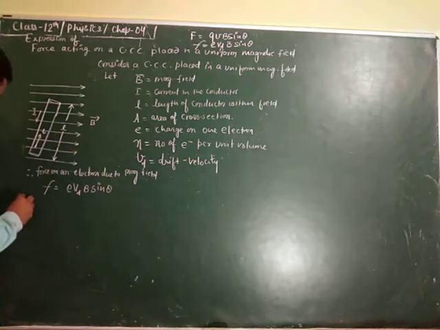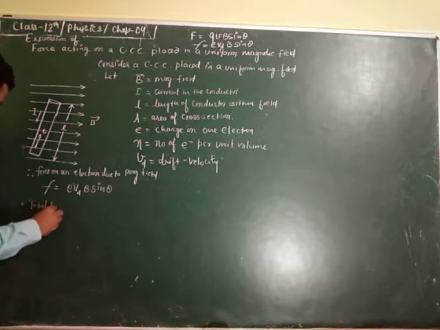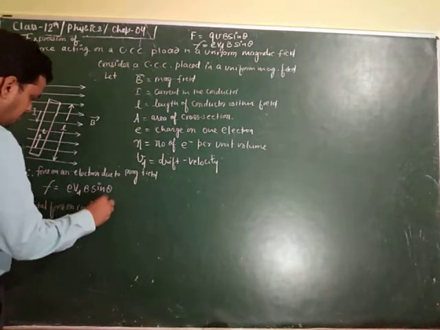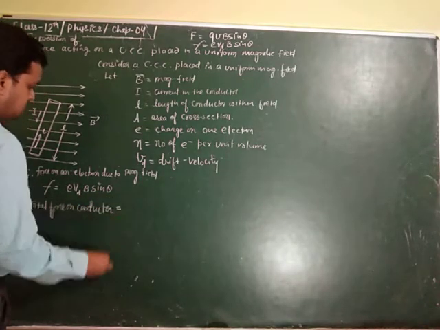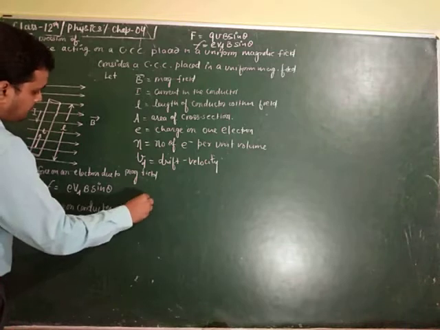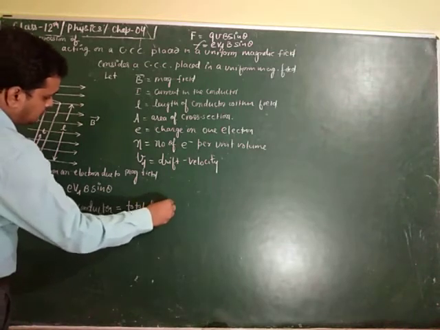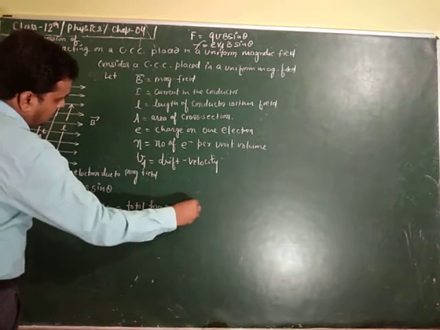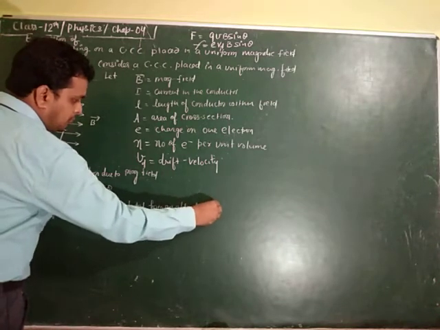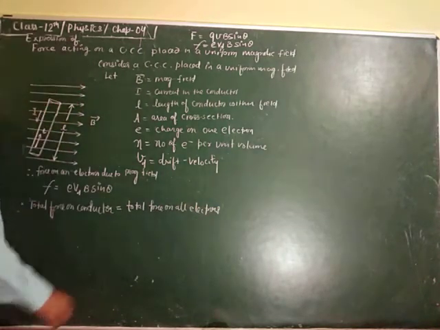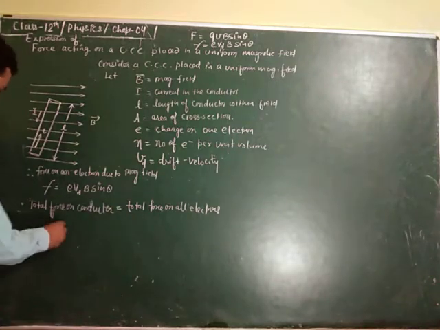So therefore, the total force on the conductor is equal to the total force on all electrons. That means I have to calculate the total number of electrons.